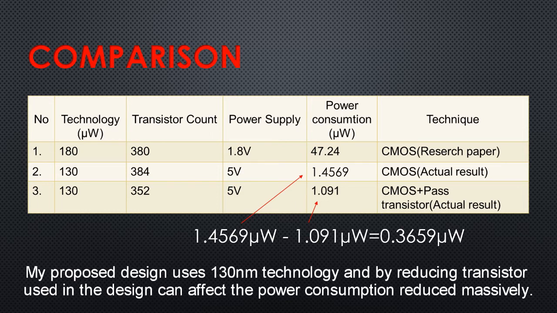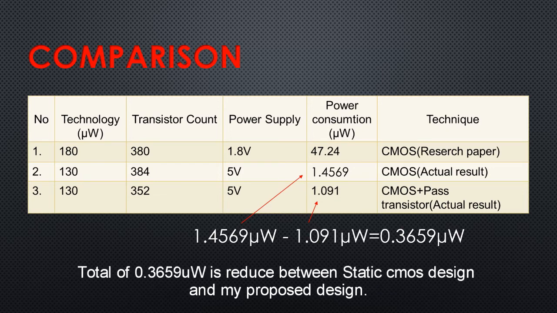My proposed design uses 130 nanometer technology, and by reducing transistor used in the design can affect the power consumption reduced massively. Total of 0.3659 microwatt is reduced between static CMOS design and my proposed design.